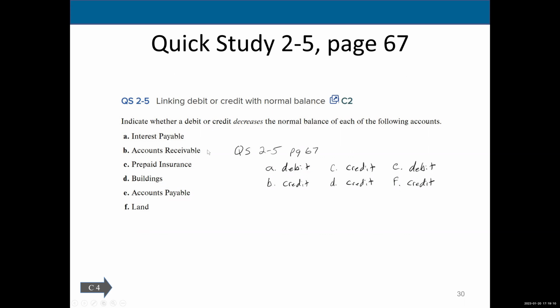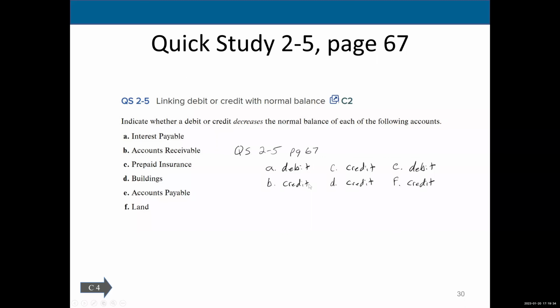Accounts receivable. You heard receivable, that means it's an asset. Okay. We know that we debit assets to increase the asset, right? So now we don't want the increase, we want decrease. So if we increase it with a debit, we must decrease it with a credit.